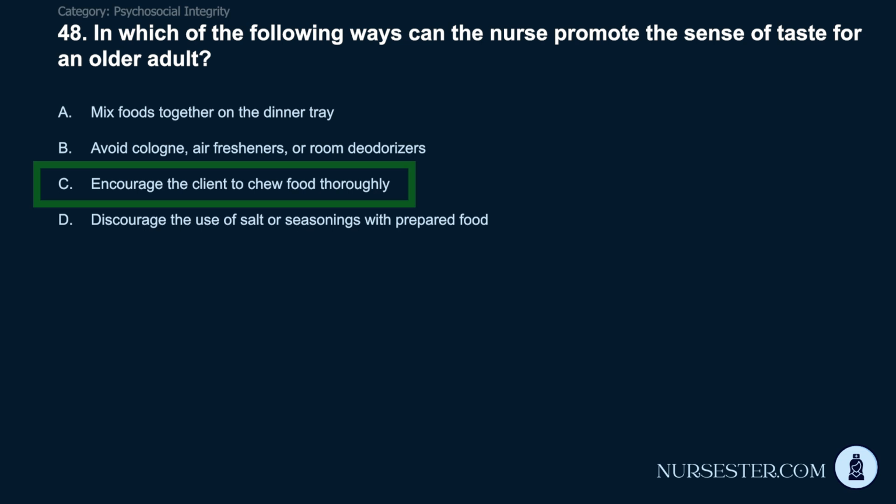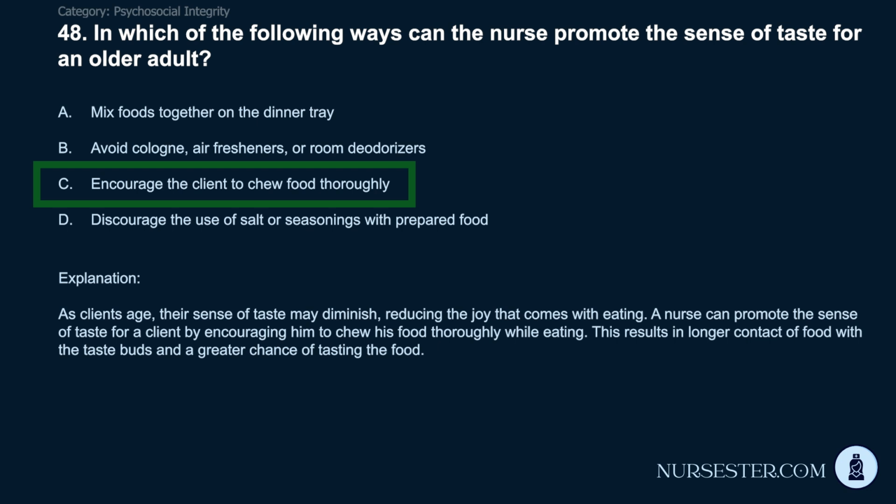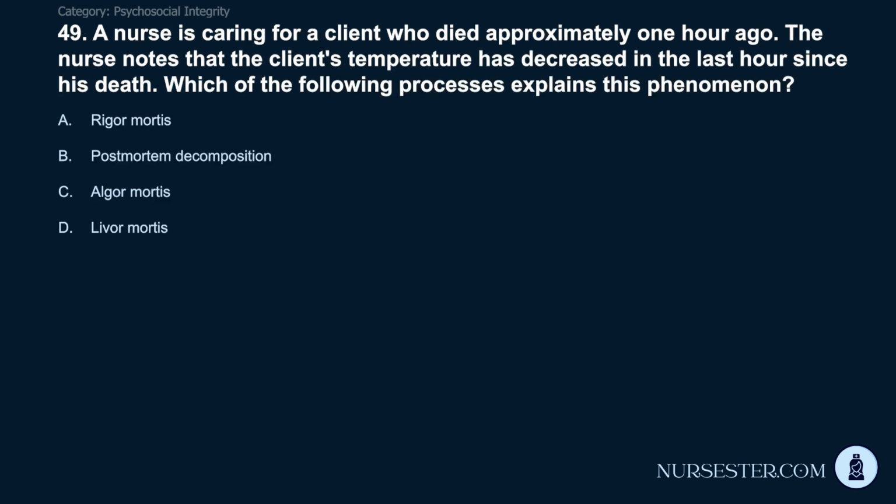Correct answer, C. Encourage the client to chew food thoroughly. As clients age, their sense of taste may diminish, reducing the joy that comes with eating. A nurse can promote the sense of taste for a client by encouraging him to chew his food thoroughly while eating. This results in longer contact of food with the taste buds and a greater chance of tasting the food.